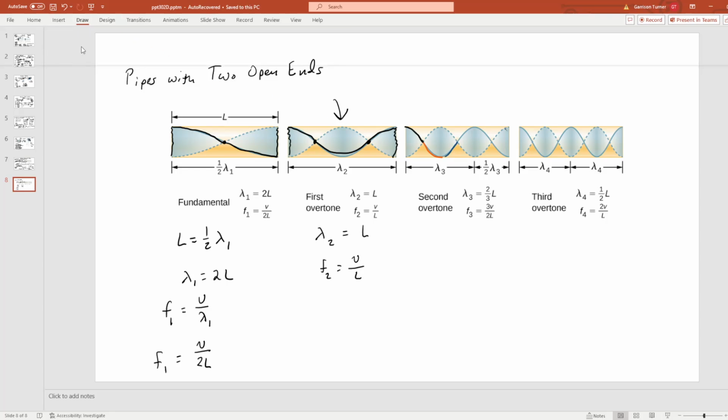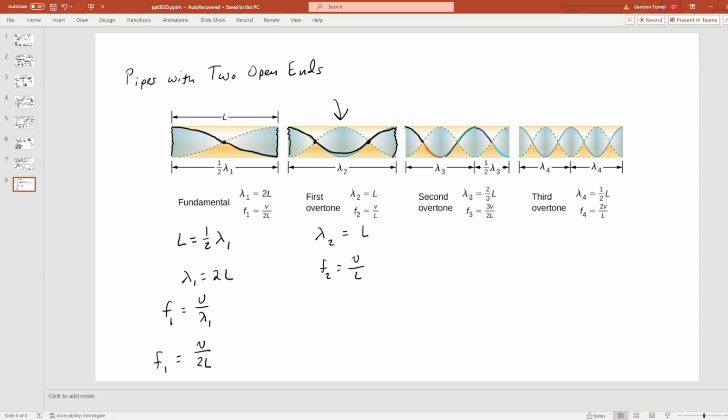I have a quarter of a wavelength here. And then I have a quarter of a wavelength here. And finally, we have a quarter of a wavelength here, okay?